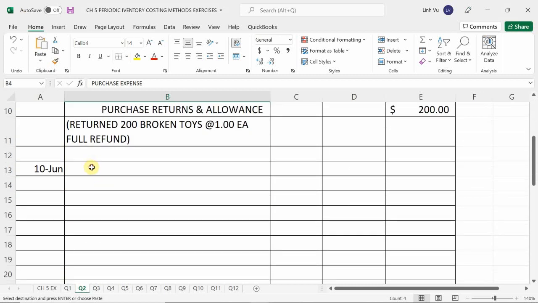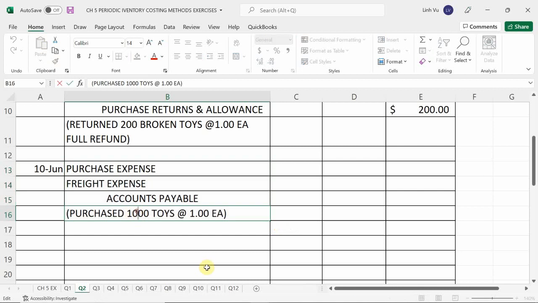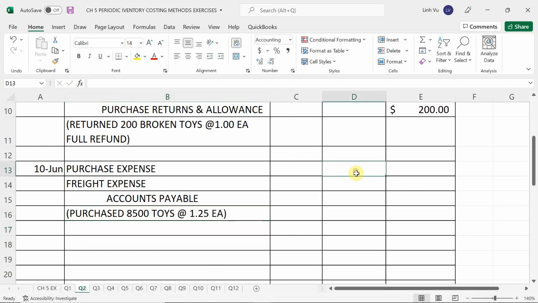So in this case, we paid for it on account, and we end up buying 850 toys at $1.25 each. So therefore, what should be my total purchase price here? If I purchase 850 units at $1.25.